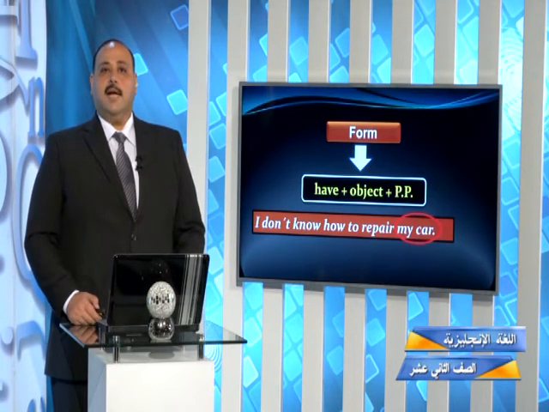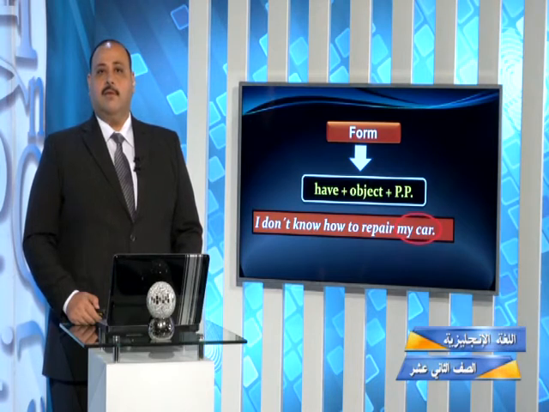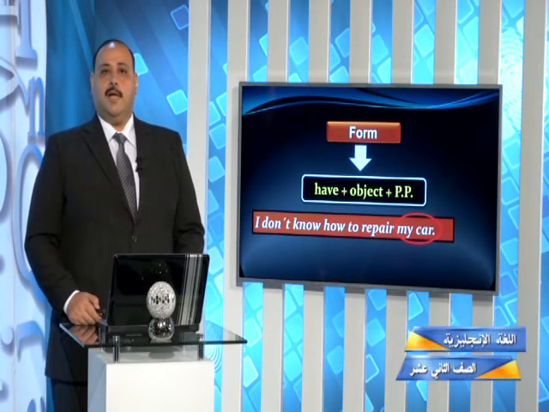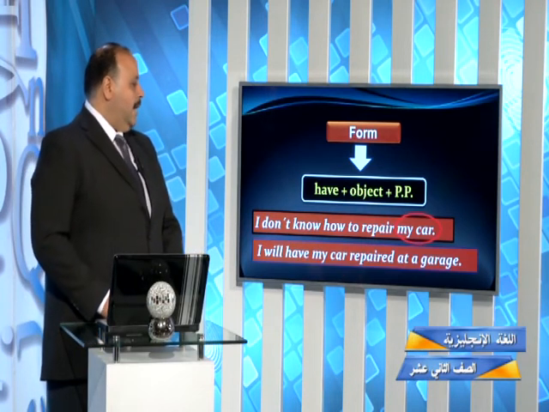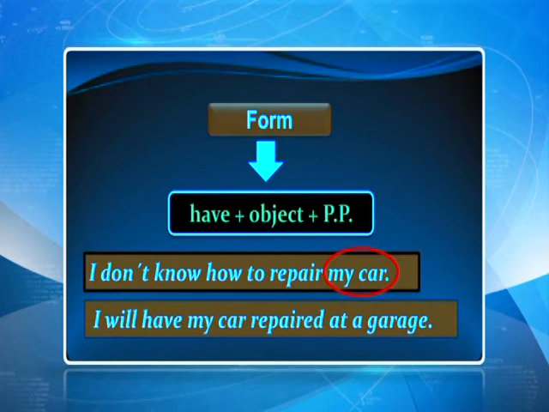Remember, it is have in the right tense, and then we have the object followed by the past participle of the verb. So I don't know how to repair my car should be I will have my car repaired at the garage. Now, look at the form.